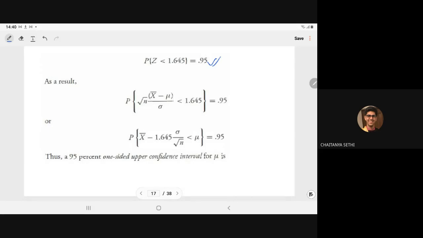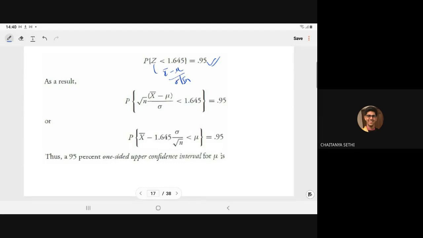So here, what is Z? From the sample, Z is x bar minus mu upon sigma upon root n. So root n into x bar minus mu upon sigma less than 1.645 is equal to 0.95.